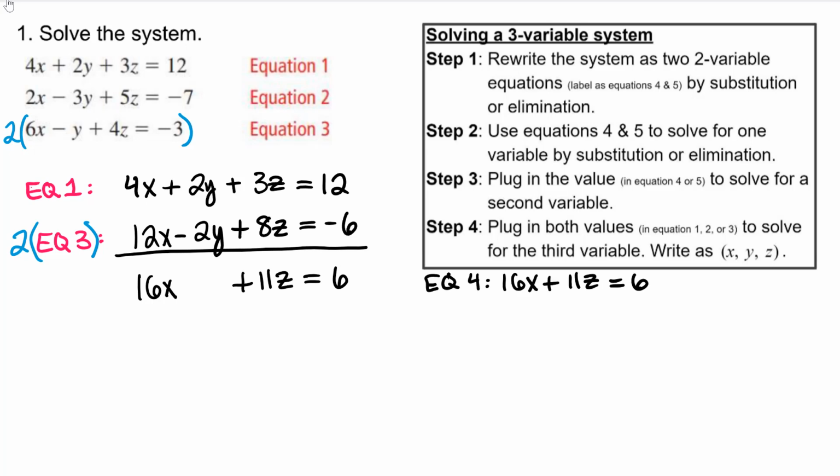Now it's time to eliminate the y's again using a different pair of equations. Because equation 3 has a coefficient of -1, which is really easy to multiply, we will now eliminate the y's using equations 2 and 3.